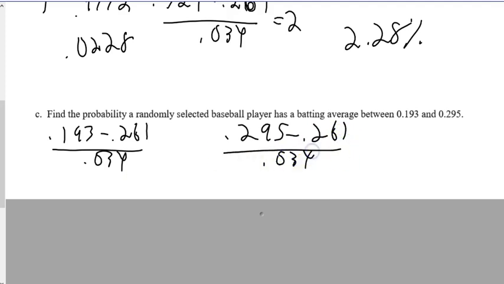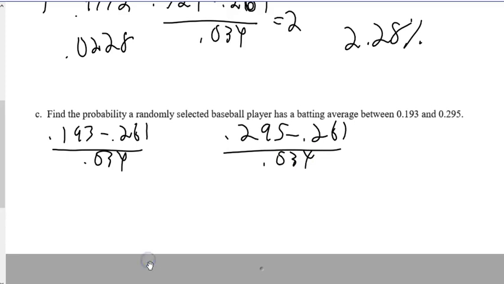So what's that going to give us? 0.193 minus 0.261 divided by 0.034. Oh, those are the ones we already did, silly me. It gives me a z-score of -2.